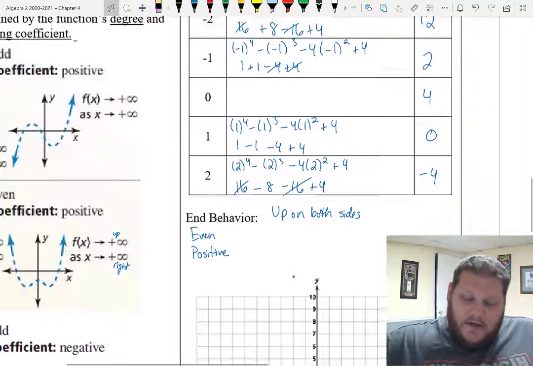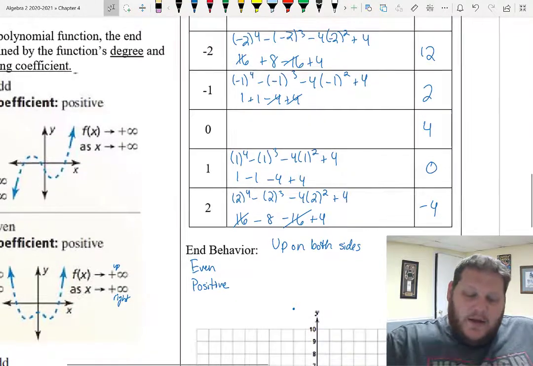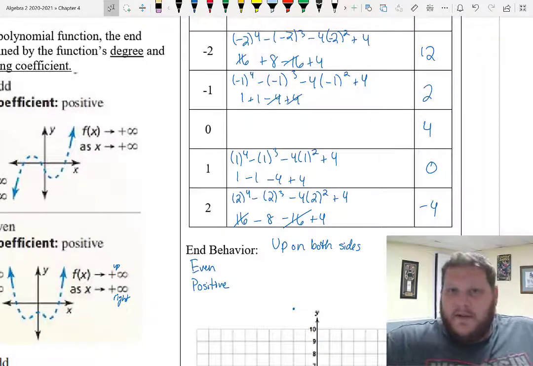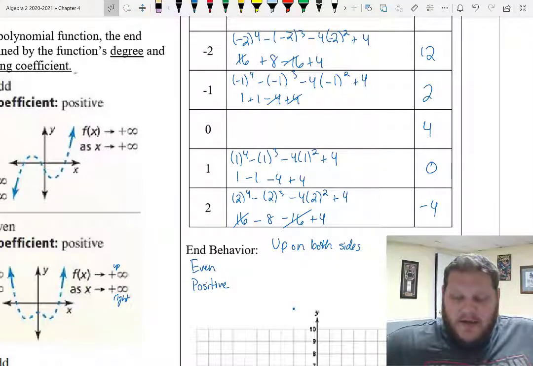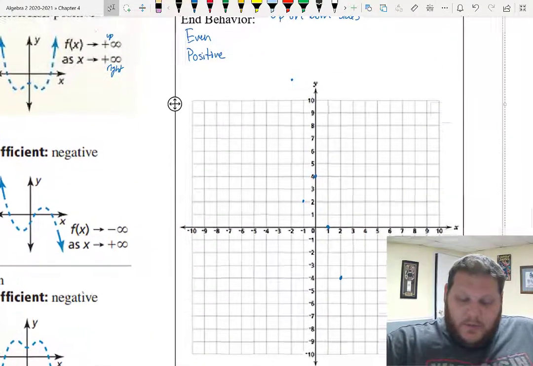Sorry, zoom out here a little bit and take a look at it again. We knew my x values were -2 to 2. My y values were 12, 2, 4, 0, and -4. So those points right there.